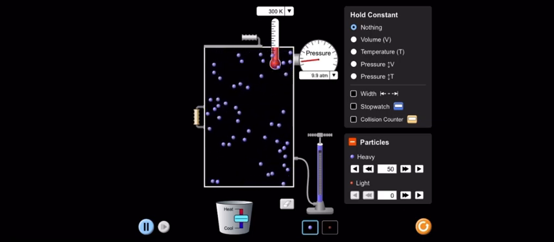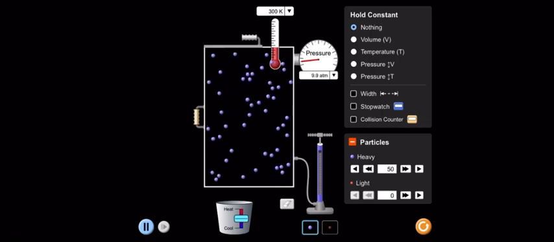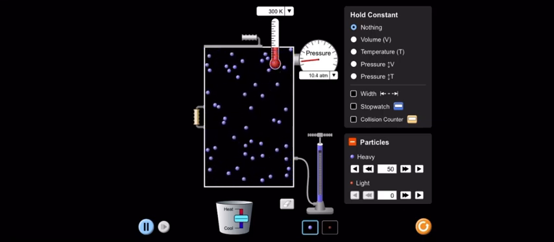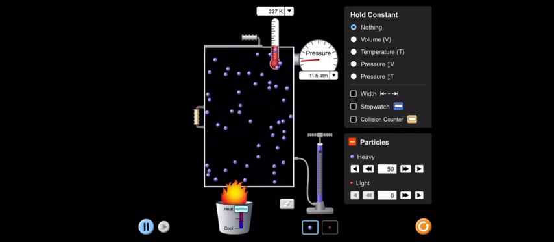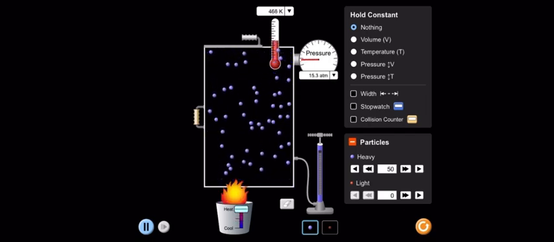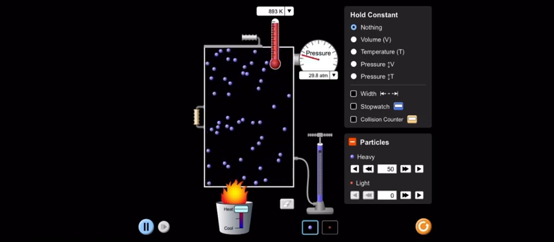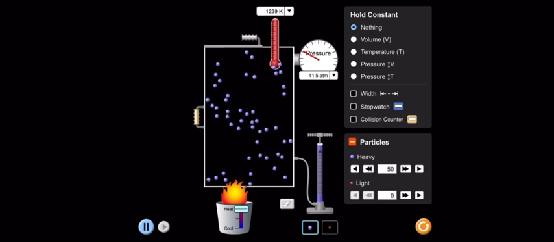So guys, let's increase the temperature. Let us see whether the container is going to be completely destroyed or not. As you can see, I'm heating. The average kinetic energy of the particles is getting higher. Let me stop.